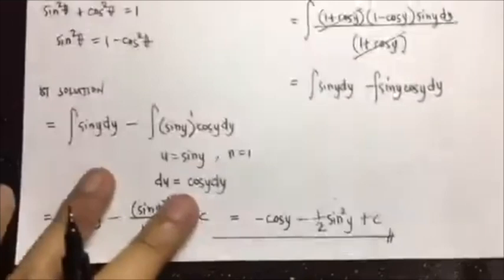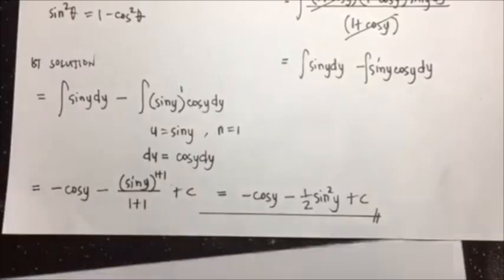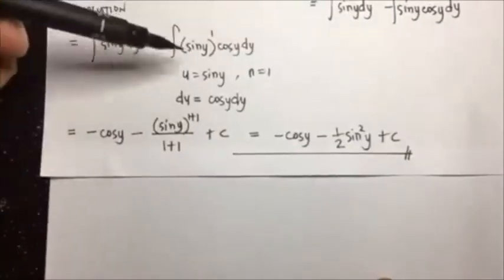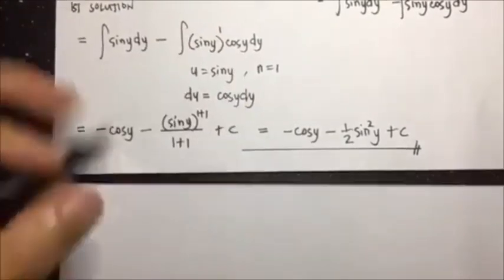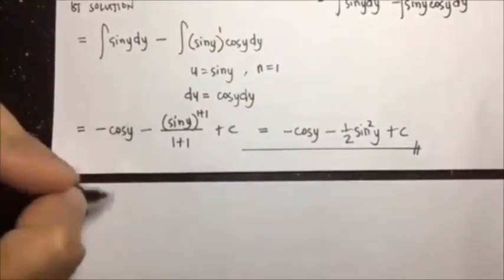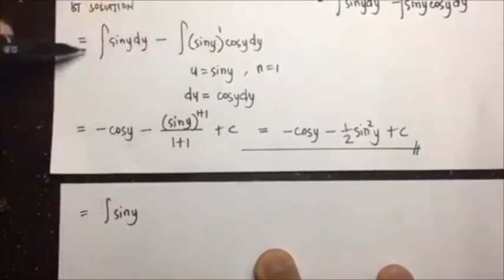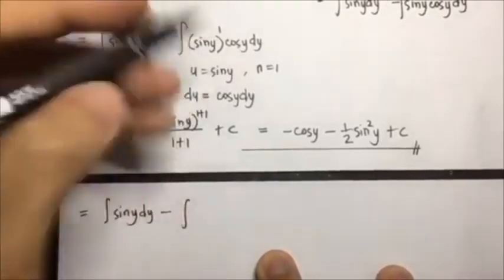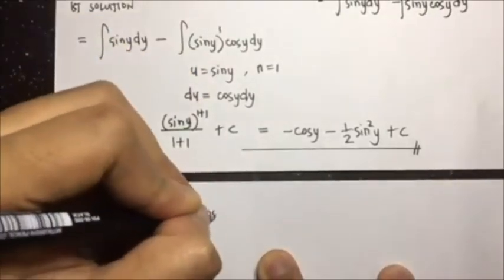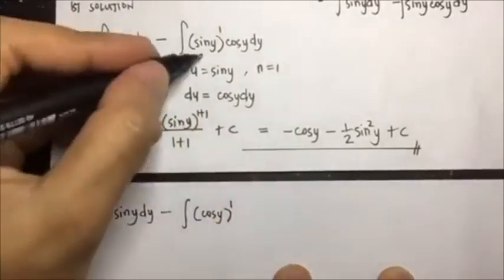Okay, so that is for our first solution. So for our second solution, we will let u as cosine y. So we will have equal to integral of sine y, so copying from here, sine y dy. So if we let cosine of y as our u, so cosine of y raised to 1 and then sine y dy.